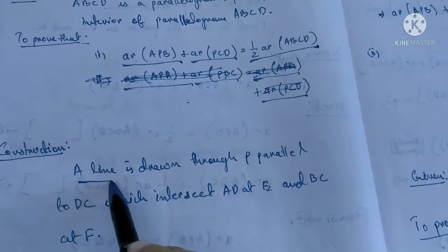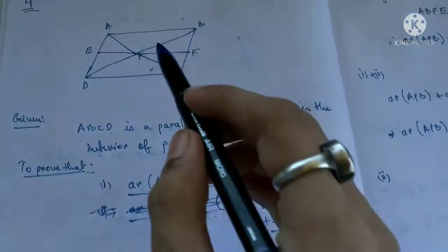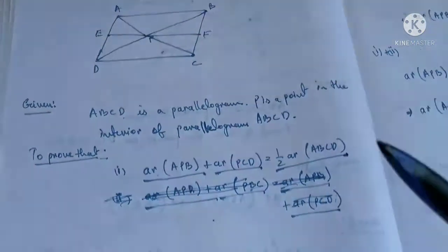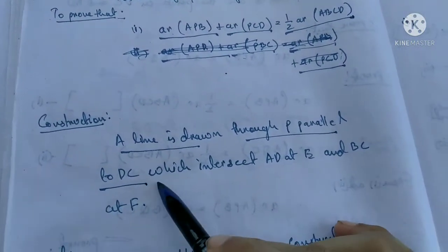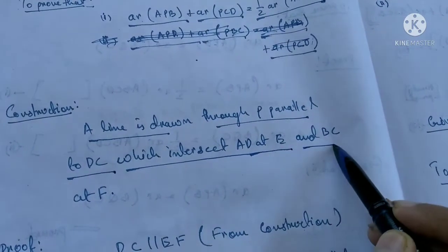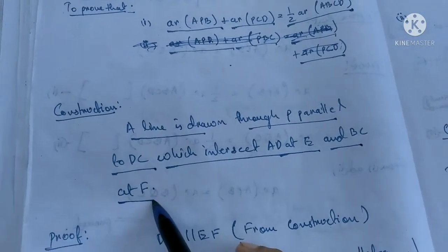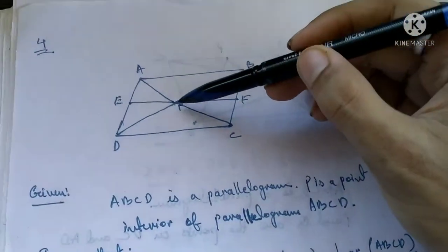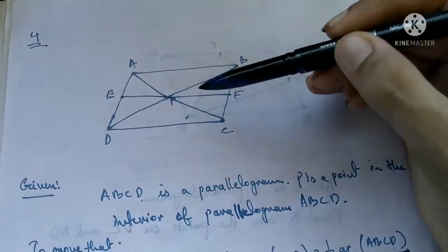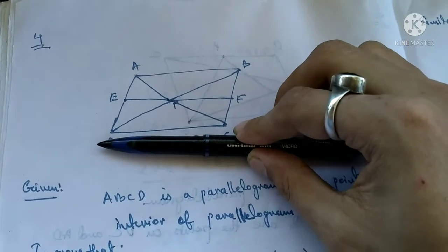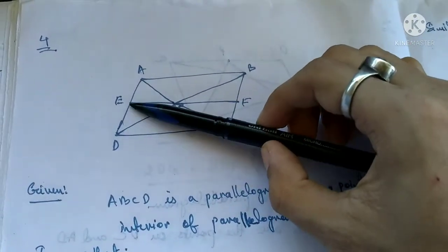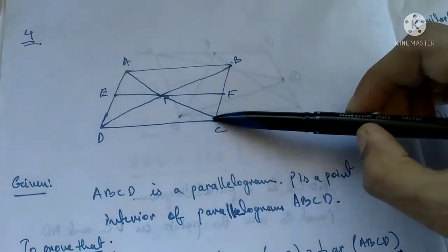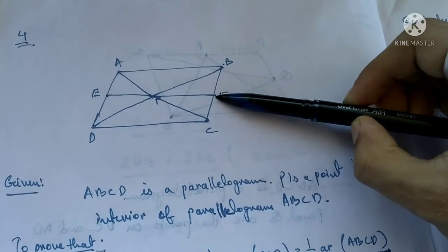What I will do: a line is drawn through P parallel to DC, which intersects AD at E and BC at F. Understand?